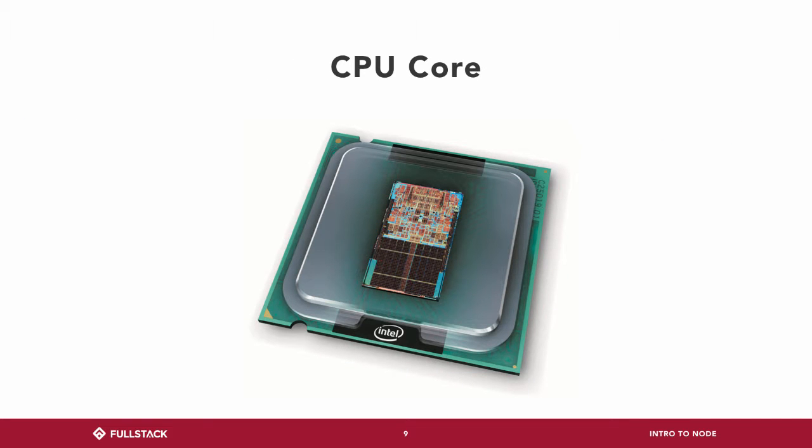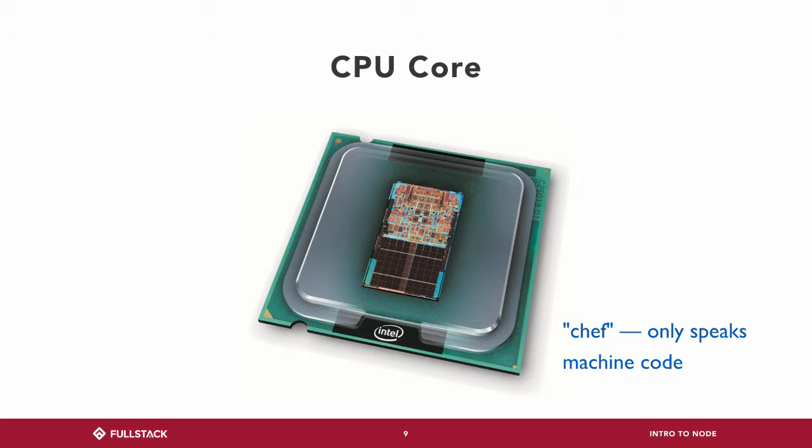So where does all this happen? The processes are running within the CPU, and this would be the analogy to the chef. And the fact is that the CPUs themselves are totally unaware of the different languages that we write in.